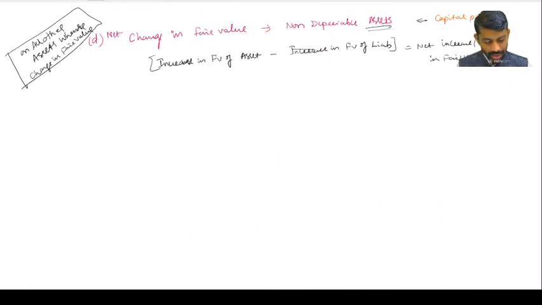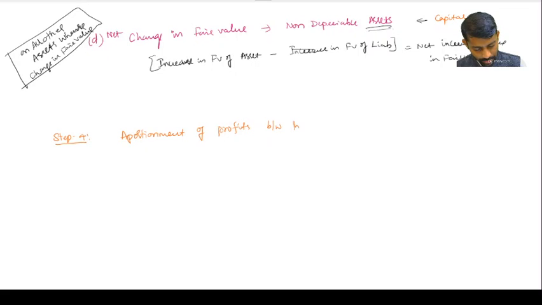Now it is step number 4: apportionment of profits between the holding company and the non-controlling interest.